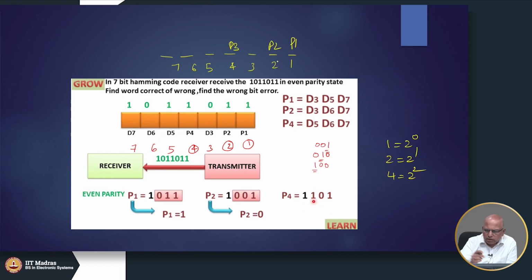In this picture, they have decided to call the data bits D3, D5, D6 and D7, and the parity bits P1, P2 and P4, because 1, 2 and 4 are already taken.